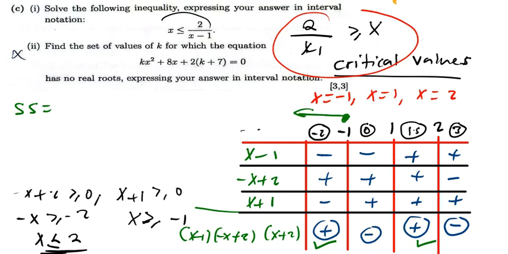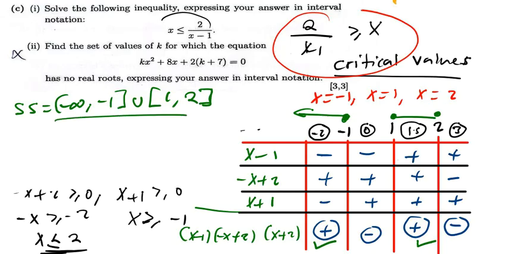So it will start with negative infinity to -1, but this is included, union everything. Now we have got 1, 2, this point all the way to that point included. So that's my answer.